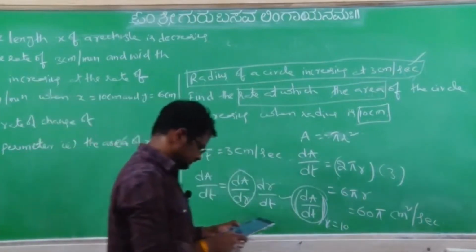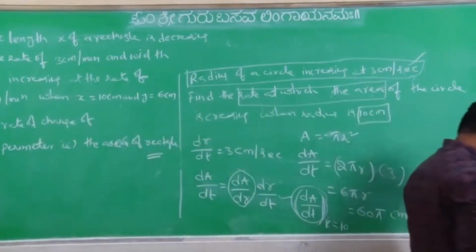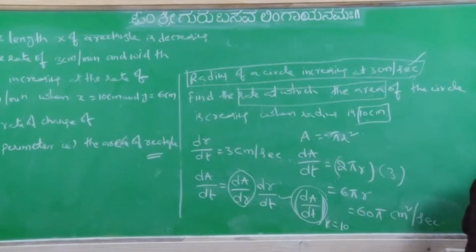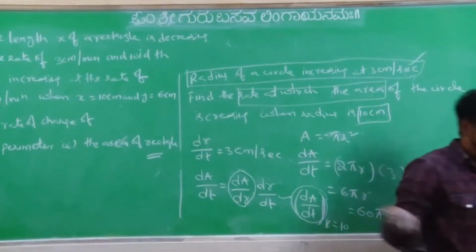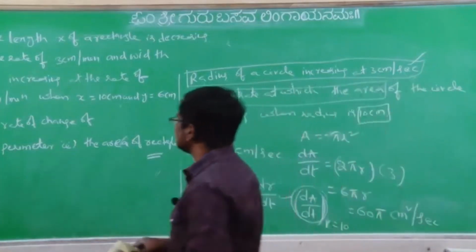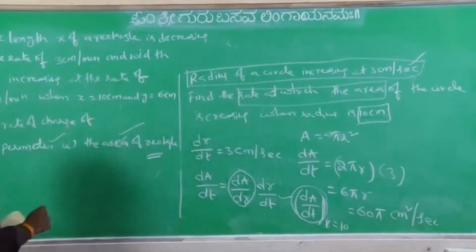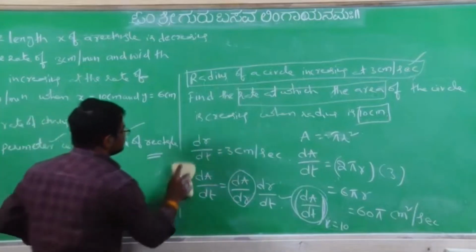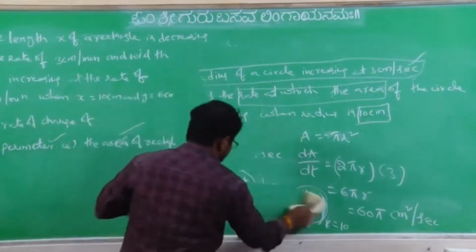These two you have to find. So what they given? What they asking? Perimeter asking and area asking. Try this problem.